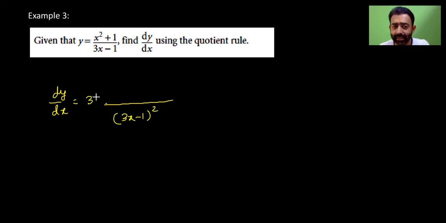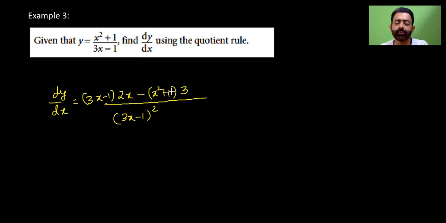Keeping this as a guest in the numerator, write 3x minus 1 as it is and then differentiate the numerator, d by dx of x square plus 1. The derivative of x square plus 1 is just 2x. Now apply the negative sign and keep the numerator, x square plus 1, as constant, and then differentiate the denominator.